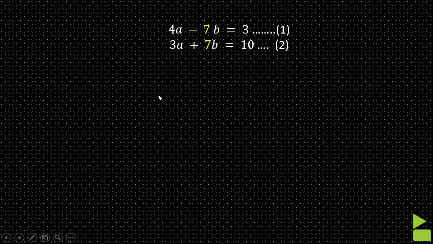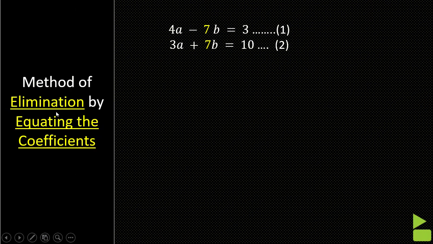Now how to solve this one? Of course, the method is elimination and equating the coefficients, but we are not going to equate the coefficients because the coefficients of b are the same and signs are already different. So how do we eliminate b to get a single variable equation?